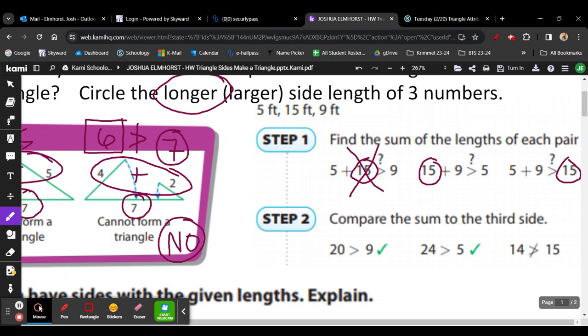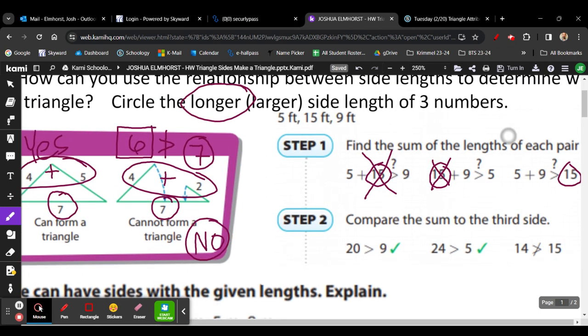No. So this is not a good comparison. 15 is the longer side. We're not adding up the two shorter sides. The next one is 15 being added. Is 15 one of the shorter sides being added? No. So this is not a good comparison.